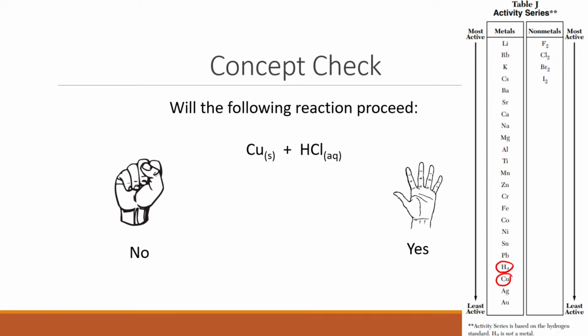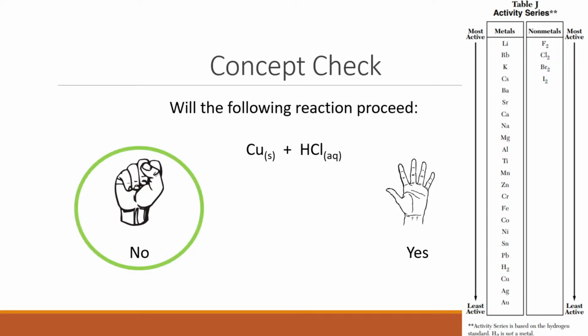This reaction will not happen. If we look at our two elements, hydrogen is higher than copper. Hydrogen can replace copper, but copper cannot replace hydrogen, so this reaction has no other half. When you mix these two things together, nothing happens.